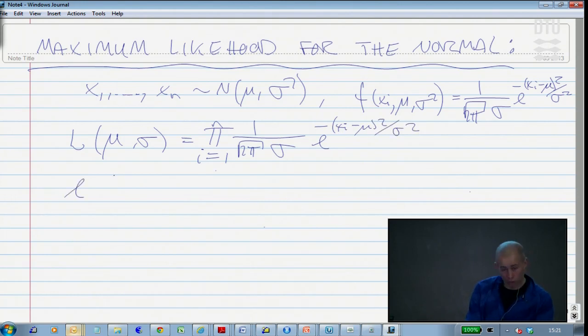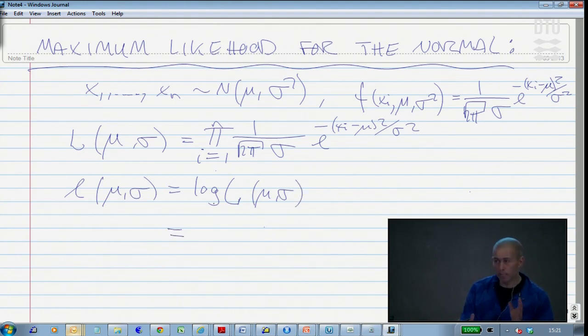I take the log to go for the log likelihood function. Log L, capital L, mu sigma. So it becomes a sum, and then I go to take the individual terms now.